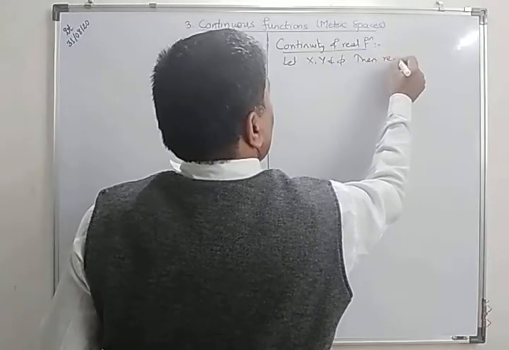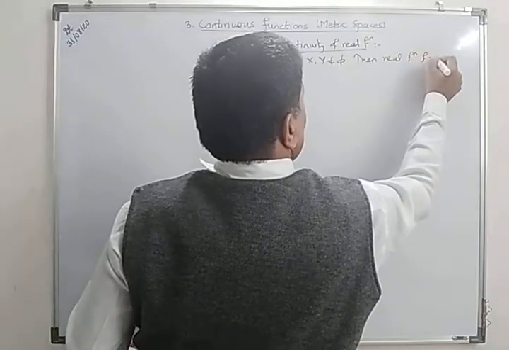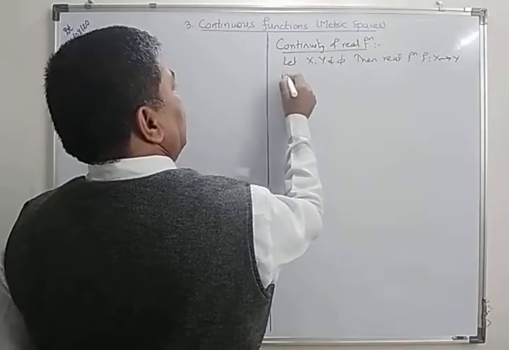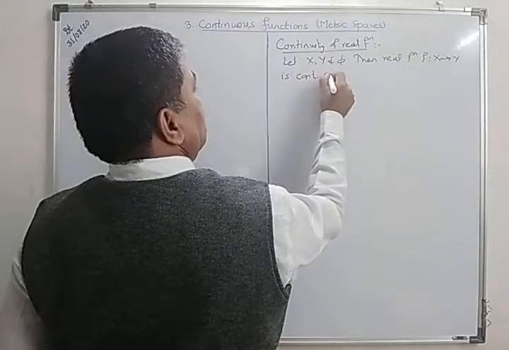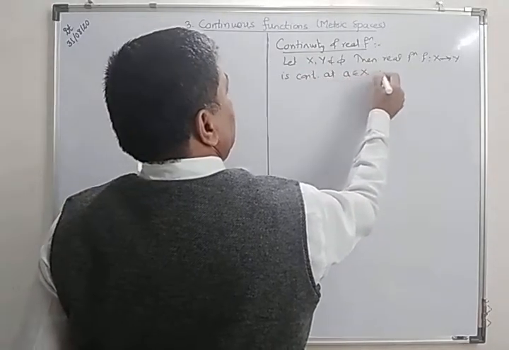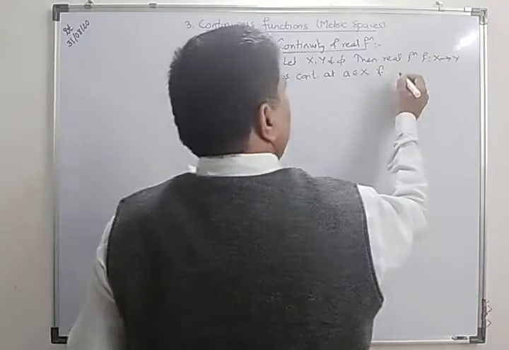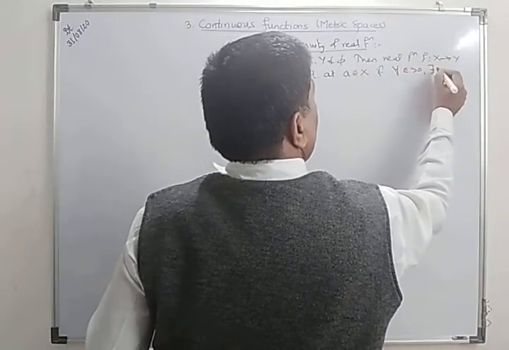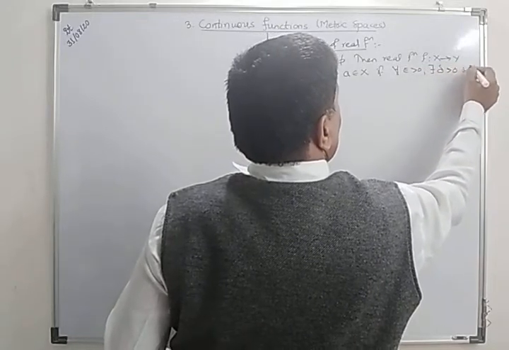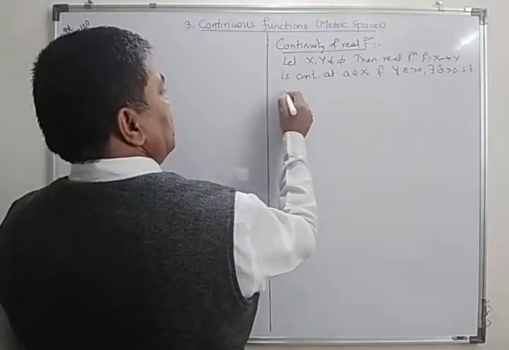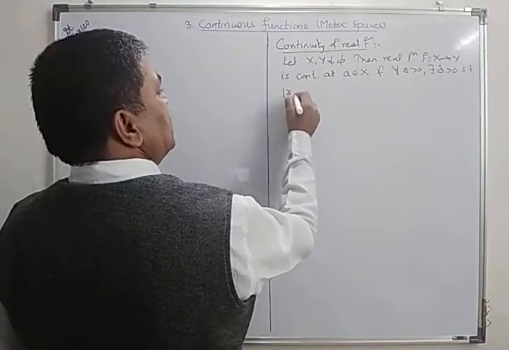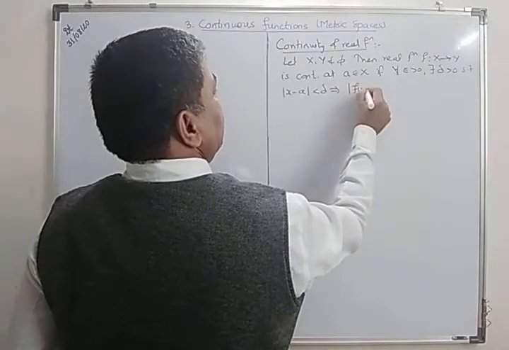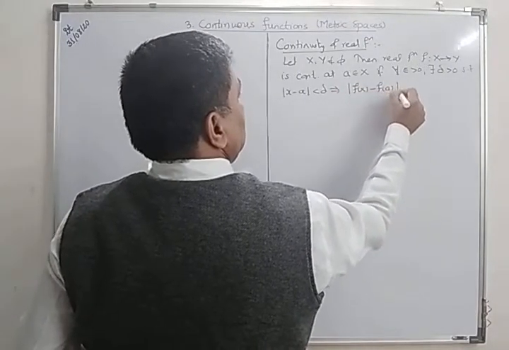Then real function f from x to y is continuous at a belongs to x if for any epsilon greater than 0 there exists some delta greater than 0 such that distance between x and a, that is mod of x minus a less than delta, implies mod of f(x) minus f(a) is less than epsilon.